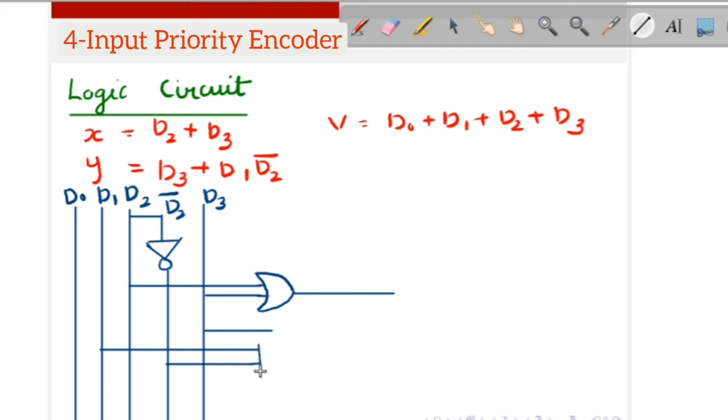These two are ANDed together, generate the output D1 D2 bar. Then D3 and D1 D2 bar are OR together.